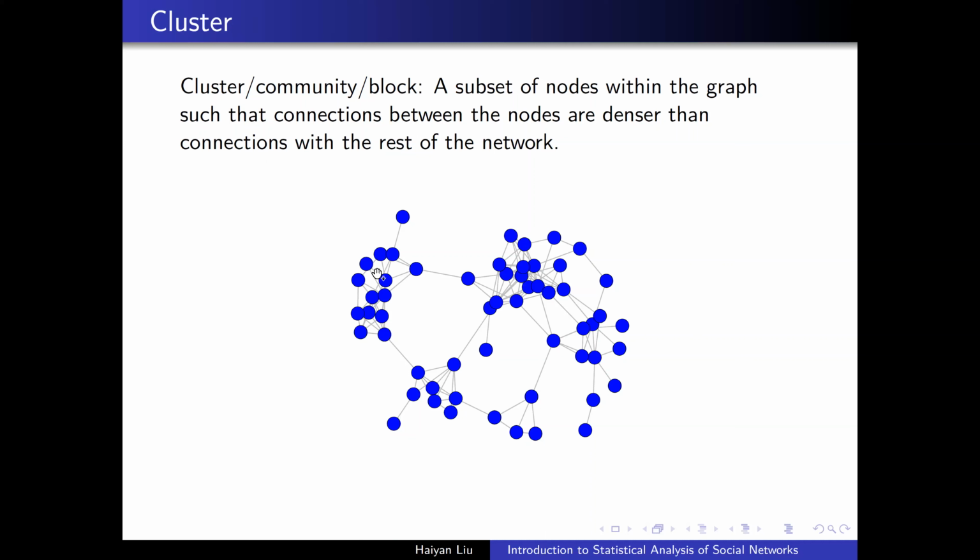Within each cluster, the connections are denser than across clusters. The formation of clusters usually depends on the dependence among those nodes. Some nodes are more likely to connect to each other. So one popular interest is to understand or explain the formation of clusters in a network.